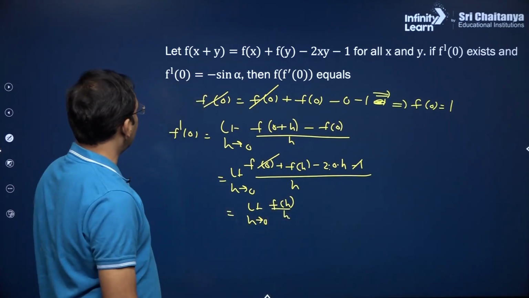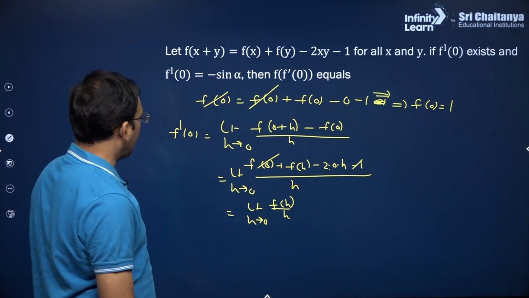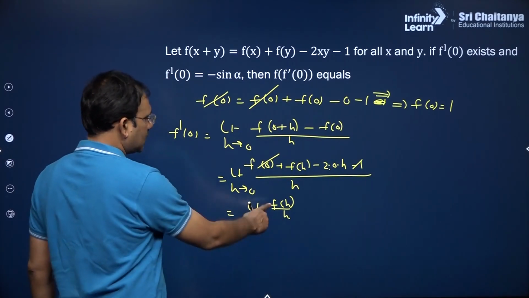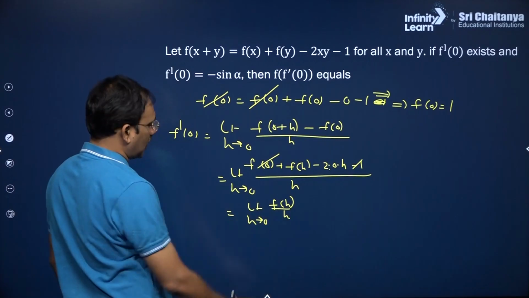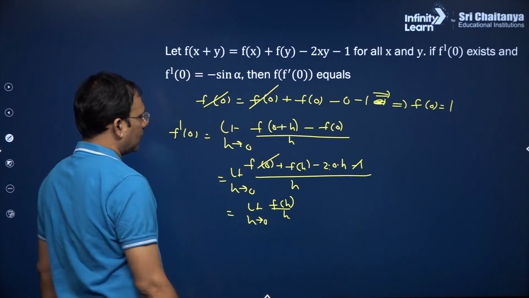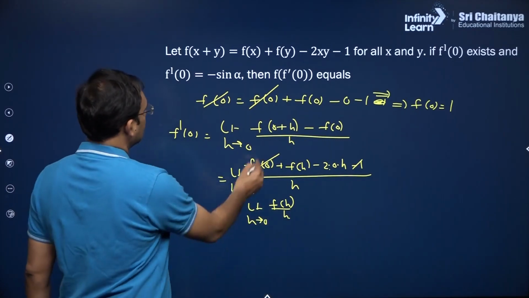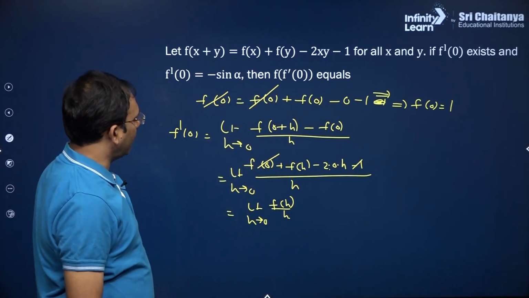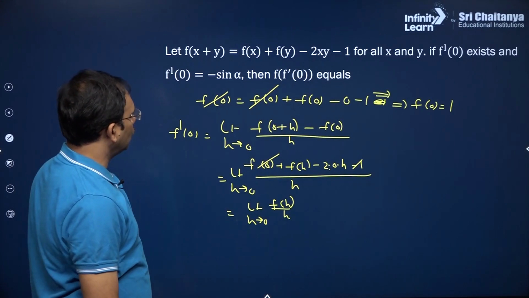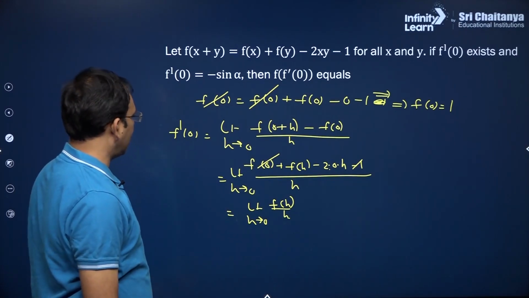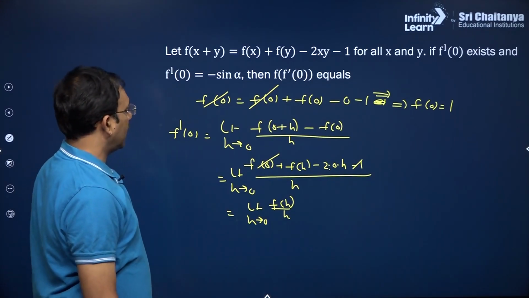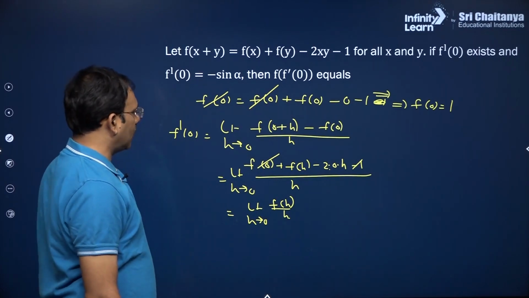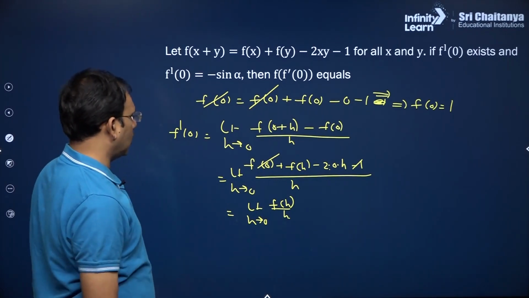He has given f dash of 0 as minus sin alpha. It is like f of 0 is almost, we can say here, you just see, this is f of x plus h is f of x plus f of h minus 2 into 0 into h minus 1 by h, my dear friends. f of 0 is already 1, f of h by h we got.